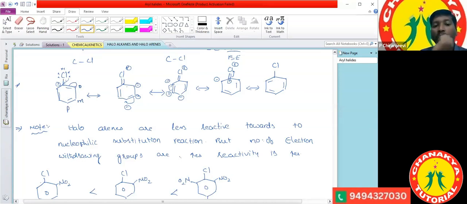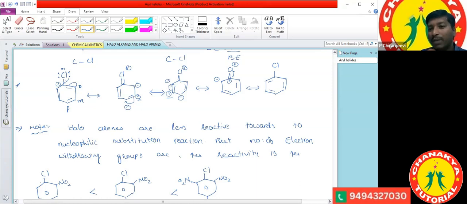Now, if you compare the ortho and para positions, negative charge is present at ortho and para positions only. But if you take the meta position, what is the charge present there? This also is a meta position. So the meta position has positive charge. If there is positive charge, how will you substitute the electrophile?